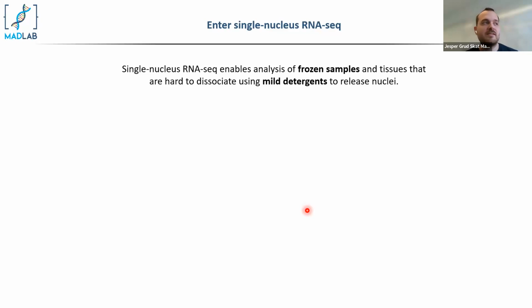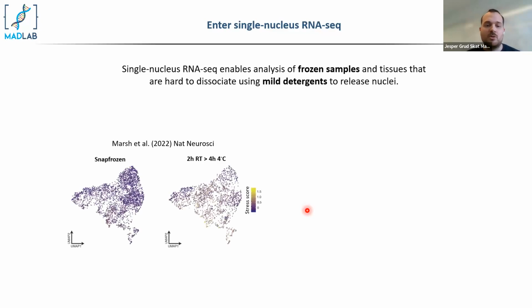However, even with single-nucleus RNA sequencing, we still need to be really mindful of how we are processing the sample. So the same authors here, Marsh et al., also did single-nucleus RNA sequencing on brain tissues, where they either froze the tissue immediately or they left it for a few hours and then put it into the freezer or the cooling room and then processed it.